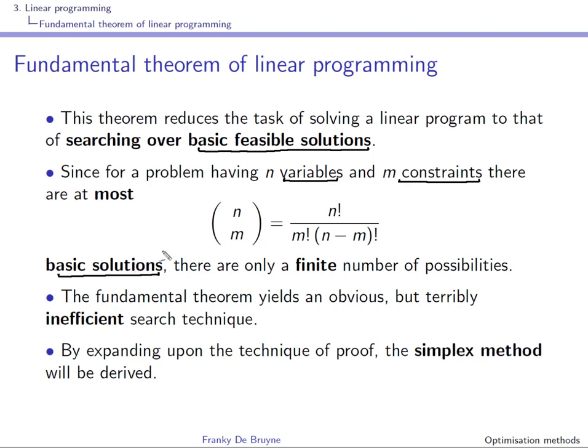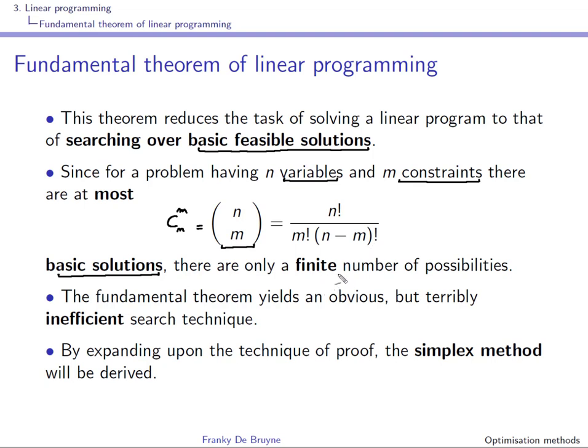So the number of basic solutions is sometimes written like this, C(n,m). In other references you will see it written like this, but this means the number of m combinations in a set of n elements, and you have probably encountered that in a course on probability. So this is n factorial divided by m factorial times (n minus m) factorial.